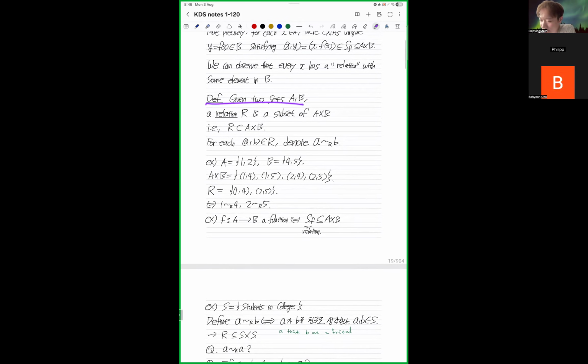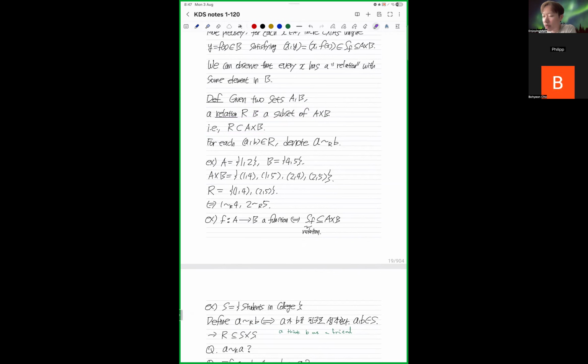Maybe the definition of relation. So we have two sets and it's a really general setting compared to functions. We have A Cartesian product B, and a subset of A Cartesian product B is a relation. We had more conditions to fulfill the definition of a function.